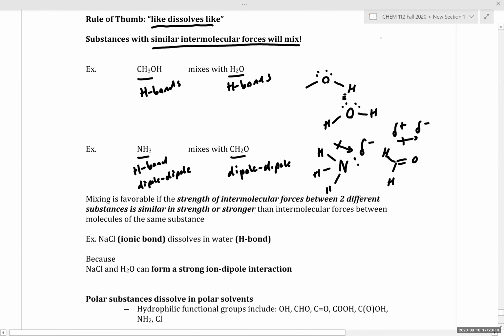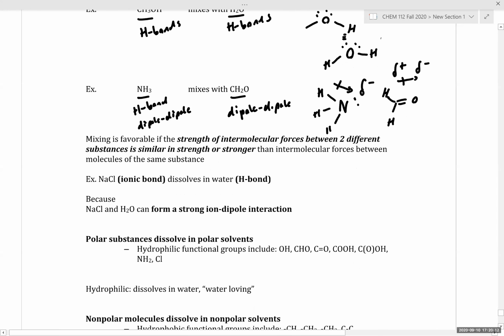So another thing to consider to elaborate on this like dissolves like idea, mixing is favorable if the strength of intermolecular forces between two different substances is similar in strength or stronger than the intermolecular forces between molecules of the same substance.